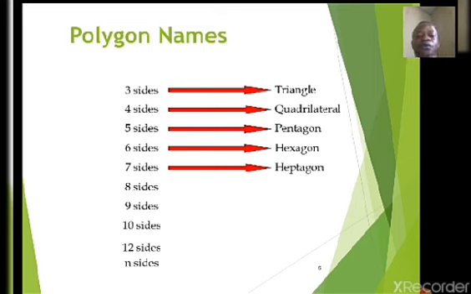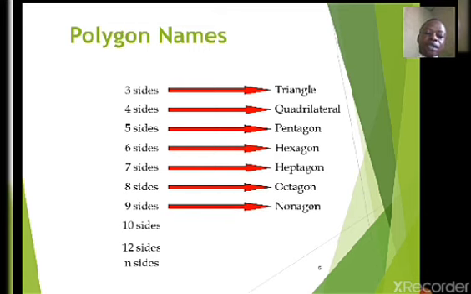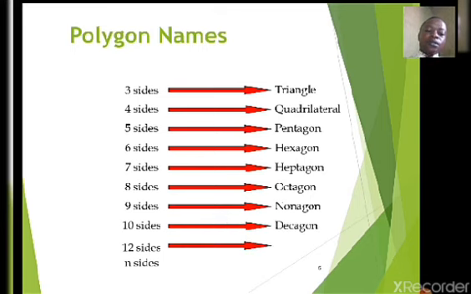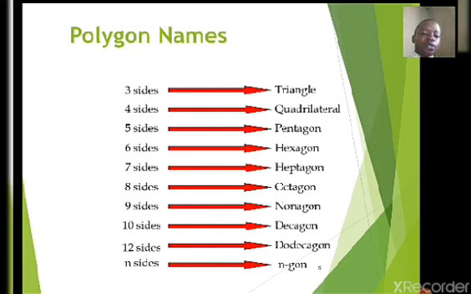For the eight side polygon, we have octagon. Then for the nine side polygon, we have nonagon. For the 10 side polygon, we have decagon. For the 12 side, we have dodecagon. And for the n side, we call it n-gon. So these are names given to polygons.